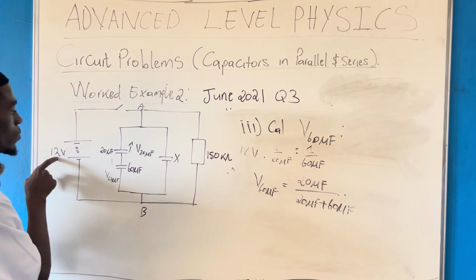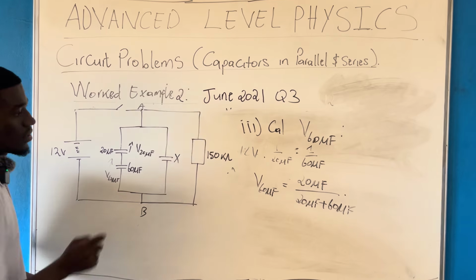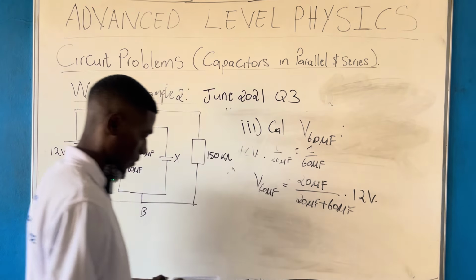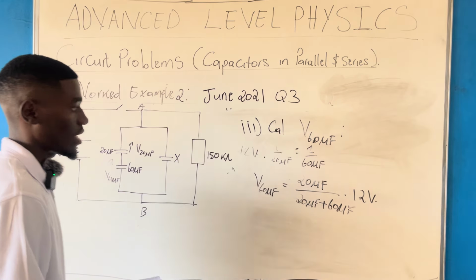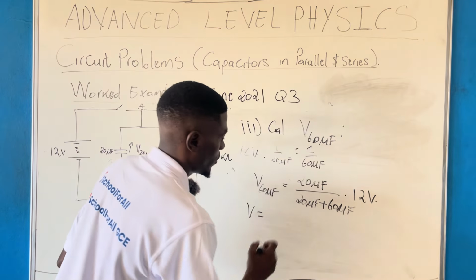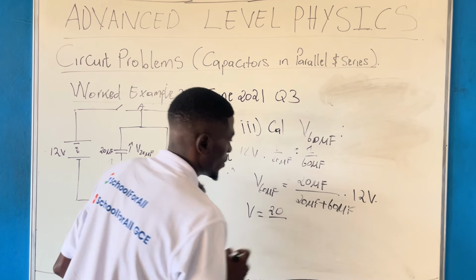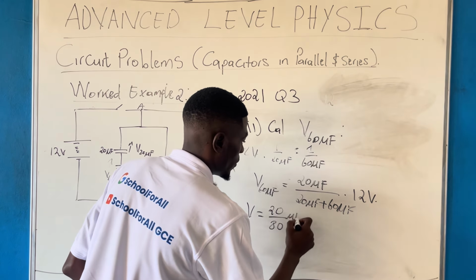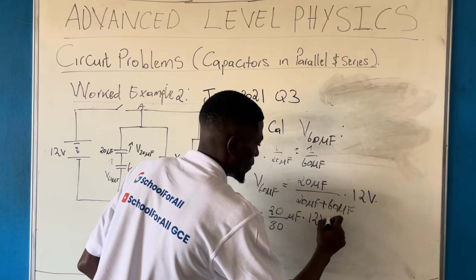The voltage being shared is how many? 12 volts, the voltage across AB. Without wasting time, after simplification, I will have 20 out of 80 microfarad times 12 volts.